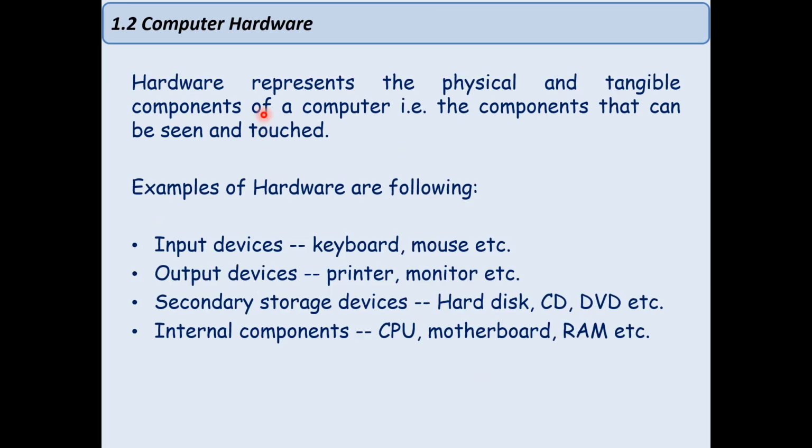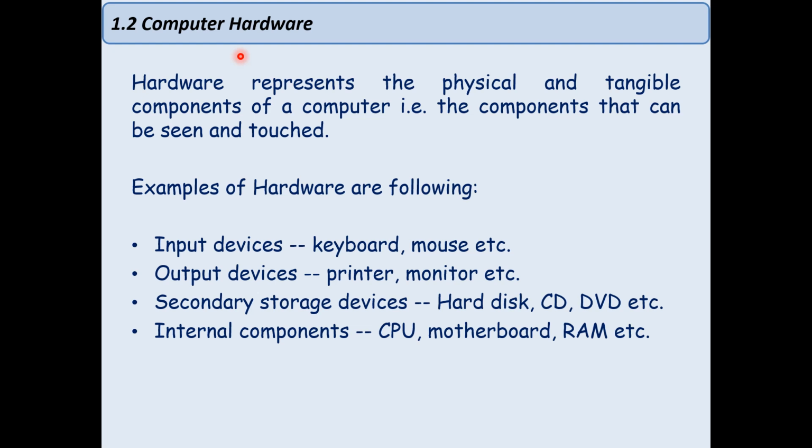Let us define computer hardware. What is the hardware of the computer? Hardware of the computer are those components which are tangible, that means those components of the computer that you can touch. For example, your mouse, your keyboard, the screen of your computer, the microprocessor, and the memories.